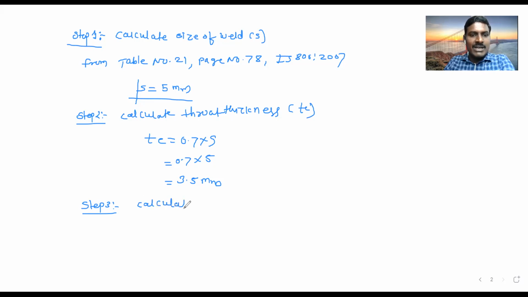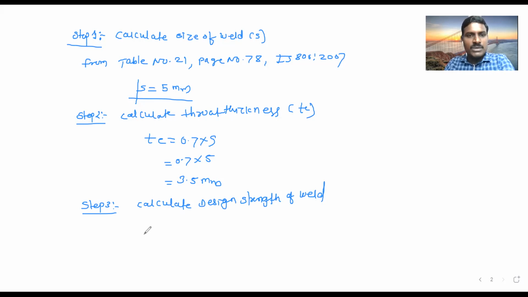Now step 3 is to calculate the design strength of the weld. Which type of weld is given in the problem statement?